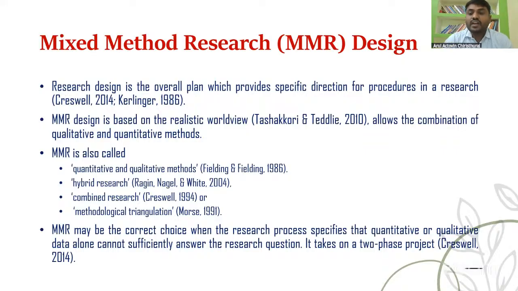At the same time, it allows the combination of qualitative as well as quantitative methods. We might already have some understanding about how mixed method research evolved. MMR is sometimes called quantitative and qualitative methods, hybrid research, combined research, methodological triangulation. So these are the different names that also evolved. At the same time, the types of research designs also evolved.